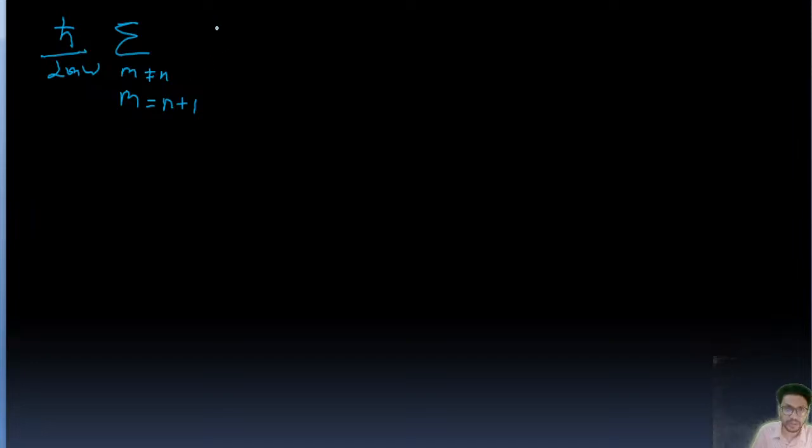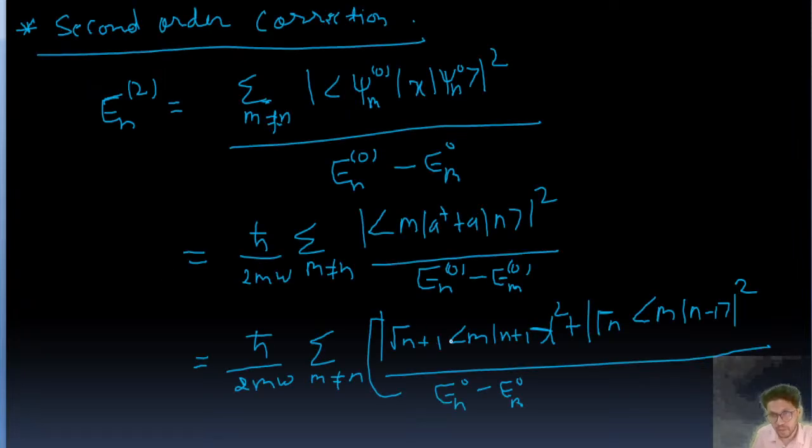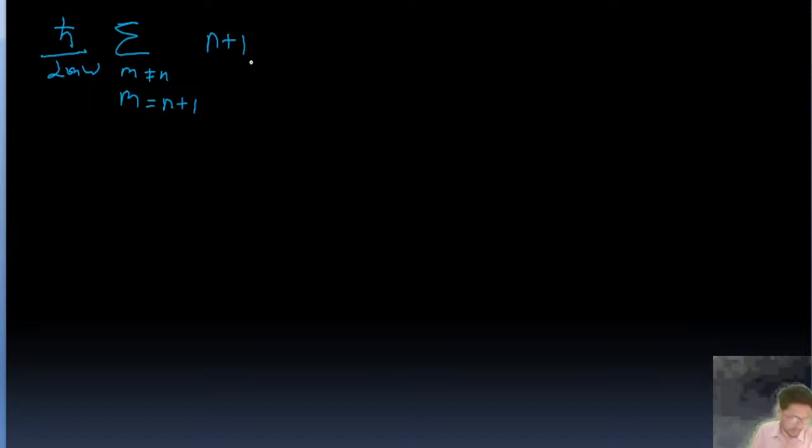So now we'll put it. If we put this value, it is going to be sigma m not equal to n, this is going to be n plus 1, the mod square of this, and root n plus 1 mod square is n plus 1, and in place of m we'll write n plus 1, so this value will be 1. Similarly, this value will be 1 here, m value will be n plus 1, because we have taken this m equal to n plus 1, right?